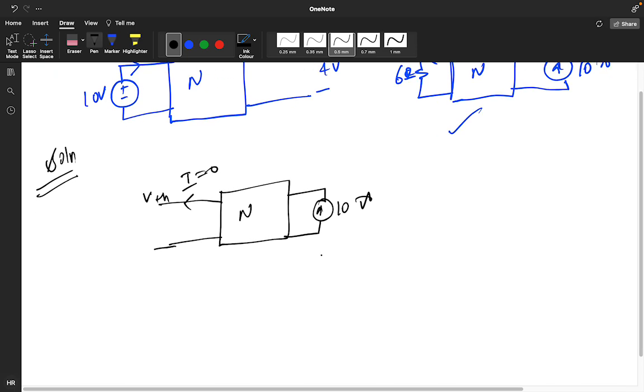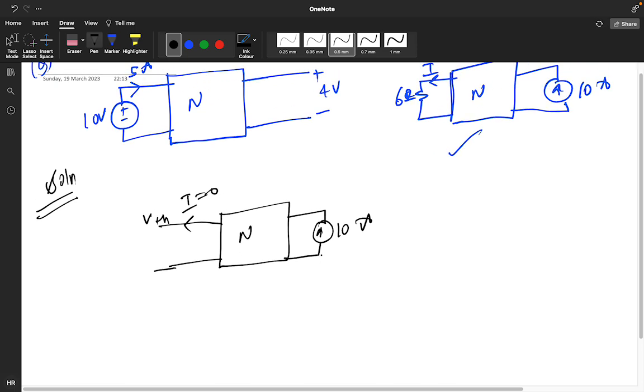Response means, in any network of the same kind, what is the response here? Excitation here, VTH, and what is the response you are getting? Current is in this direction. So VTH by 10 ampere.